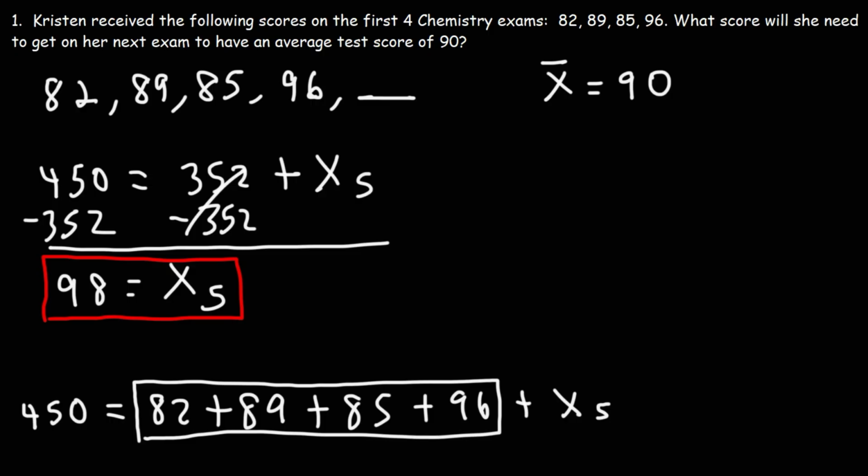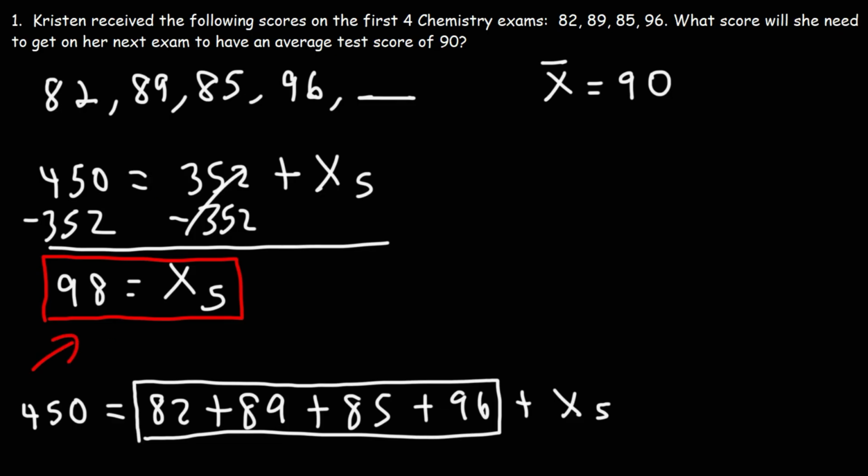So that is going to be the score that Kristen needs to get on her fifth exam if she wants to get an average test score of 90. If she wants to get an A in the class, this is the grade that she needs to get.